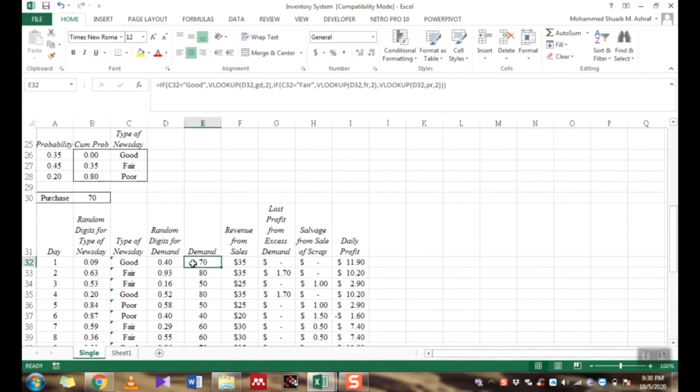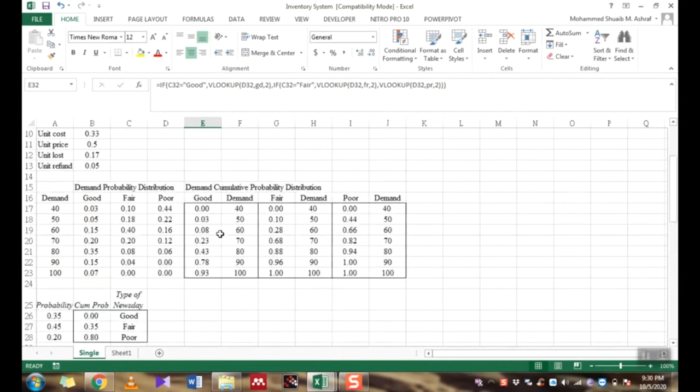I will use an if condition. See, if the type of news day equals good, I will search for this, and I will pass the column index 2.